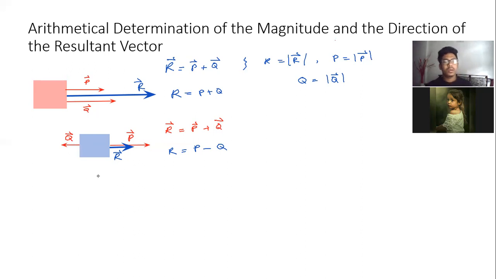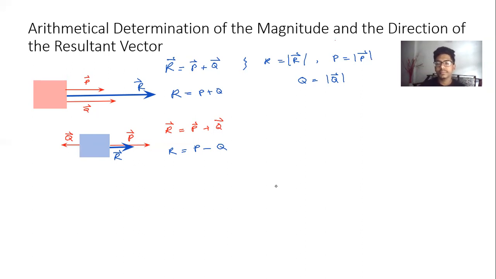Okay. And in the next case, the complexity is a little bit larger. So here now we have, let's say, a box. And two vectors acting, one in this direction and the other in this direction, right?